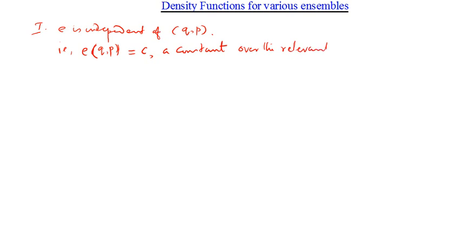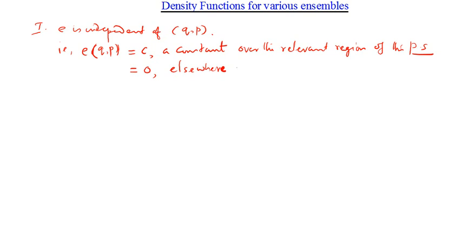I'm writing PS for phase space. And rho(q,p) will be equal to 0 elsewhere, outside the relevant region. So in this case we can say that the Poisson bracket of rho with h will be equal to 0, right?